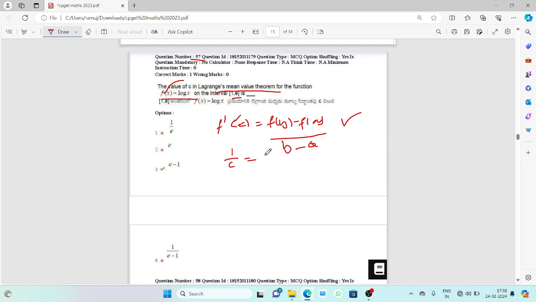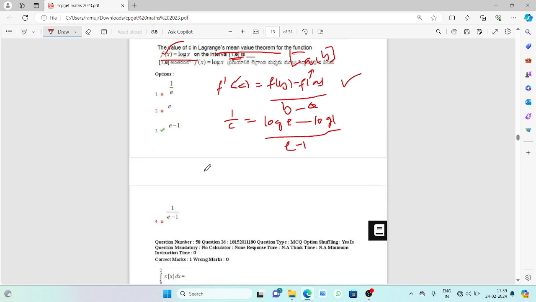And f of b means log. In general the interval is a comma b, but here the interval is 1 comma e, so I substitute b as e, minus f of a, which means log 1, divided by b minus a, which means e minus 1.